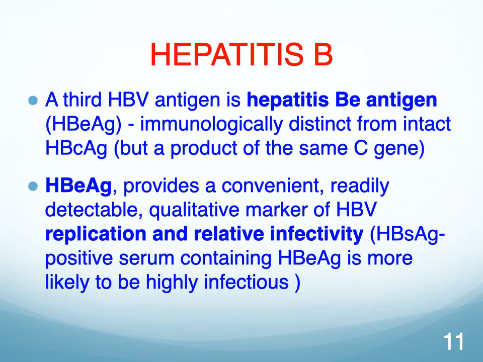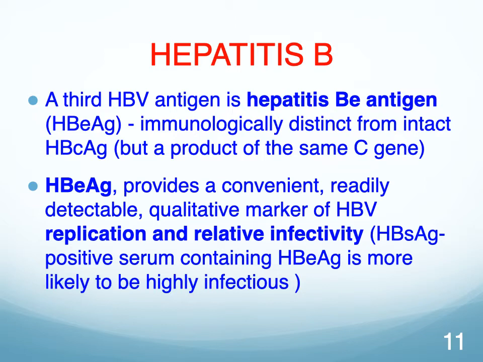So the third antigen is the E antigen. So you have your S antigen, your E antigen, and the core antigen. You have your S antibody, your E antibody, and the C antibody.